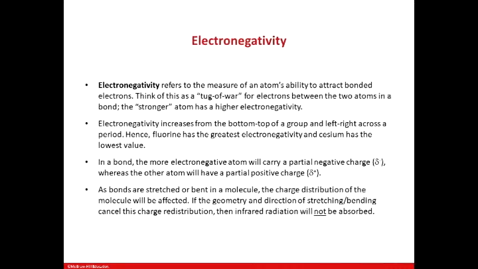If it has more valence electrons, and it has those valence electrons at a lower row number, for example row 1, then it's going to be more electronegative.